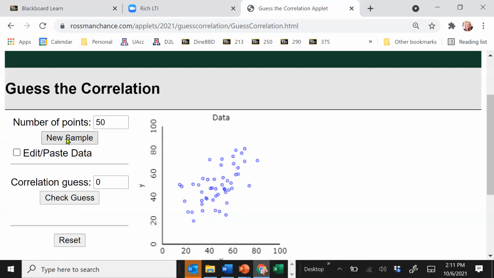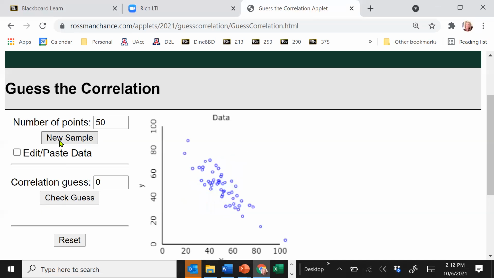I see a 0.5, 0.6, 0.3. Anyone else? A minus 0.5. Oh, no, plus. My eyes weren't seeing that right. Okay, 0.5 seems to be the common guess here. Let's put that in and see how we did. 0.566. You guys are good.